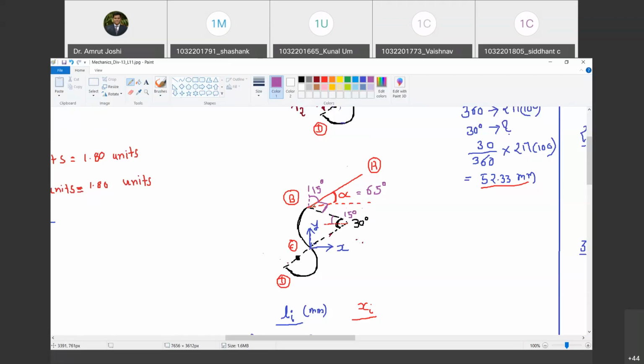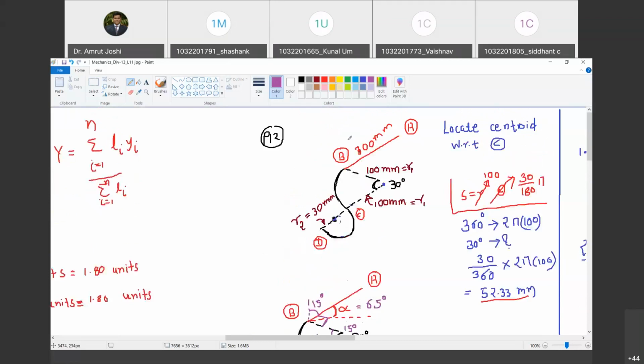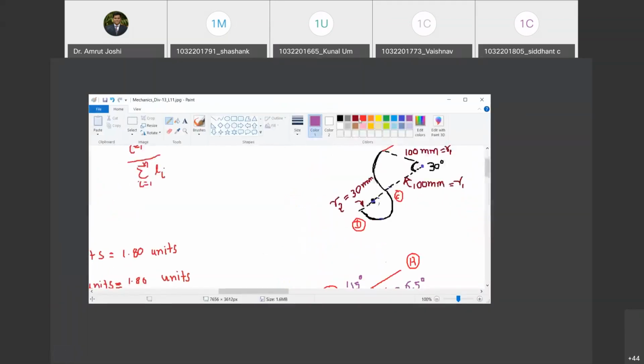Yes, exactly. So B and C lie along the same line drawn parallel to the y-axis. So with reference to B, if I locate the horizontal distance of centroid of BA, that is xi. Do you agree with me? So let me locate that.